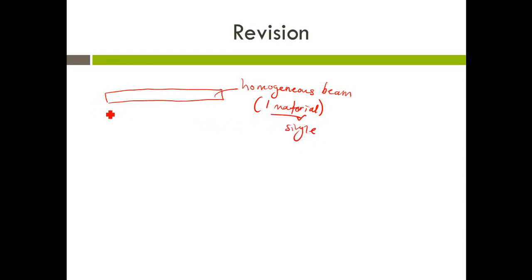Let's say the beam is subjected to bending moment M. What happens is, when the beam is subjected to bending moment M, the beam will deform.